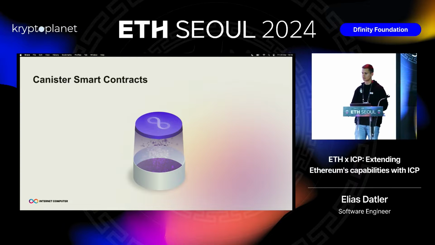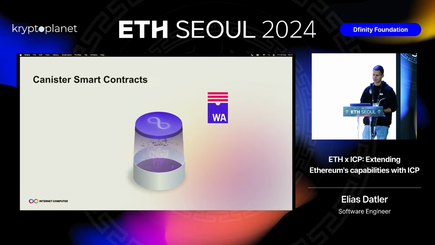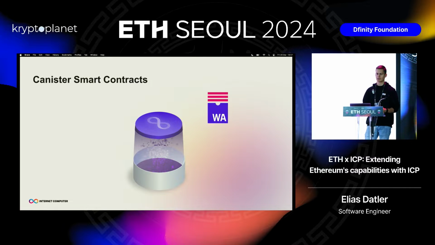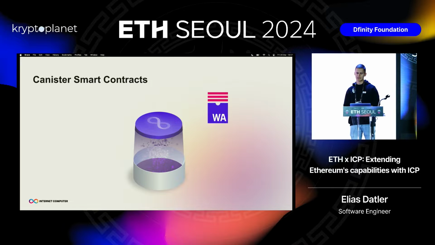Now let's take a look at some key capabilities of Canister smart contracts. So first of all, you can use any language to write those canisters as long as the language can compile to WebAssembly. And the canisters can then execute this WebAssembly, and they can also store data for you.